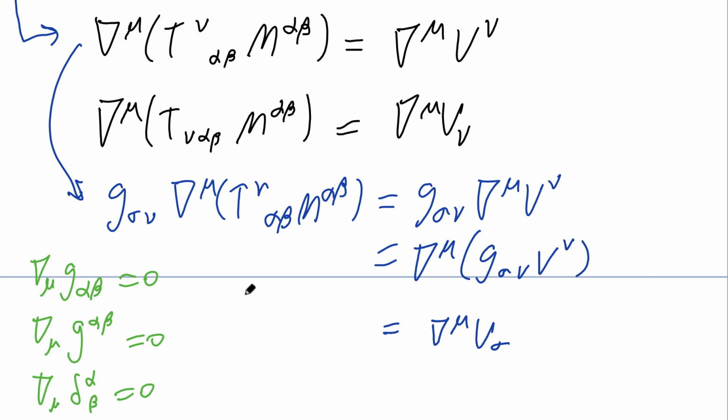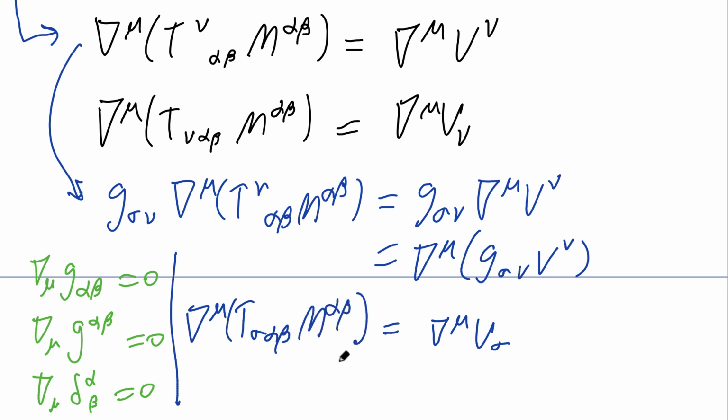And we can do the same thing on the left-hand side here. We can bring this g_{σν} inside and lower the index on T. This would become T_{σαβ} M^{αβ}. And now we have the result we want. We just need to rename this free index σ to ν. And we have this result.